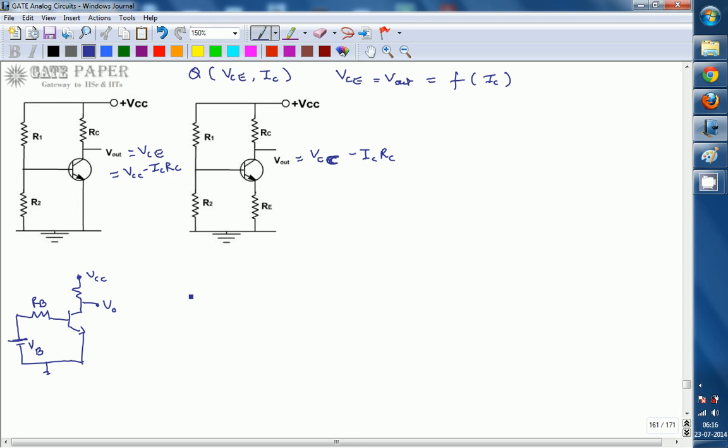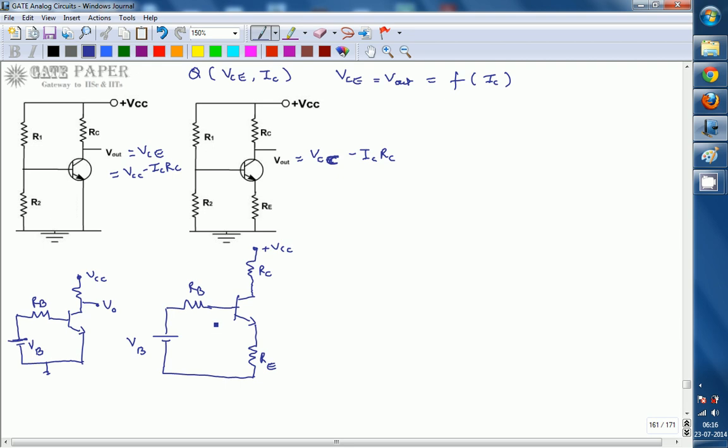For the second circuit, there is a Thevenin's resistance and a Thevenin's voltage source at the base, and this is plus VCC, this is RC, this is RE, and this is RB for example, and this is VB, which is related to the input signal.